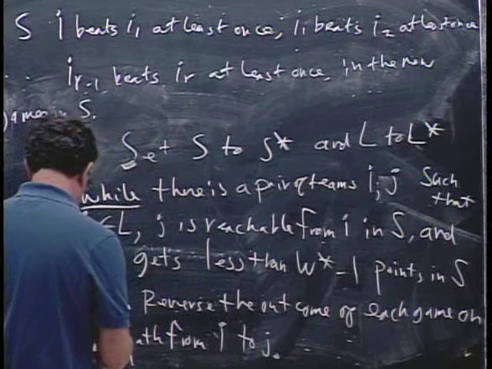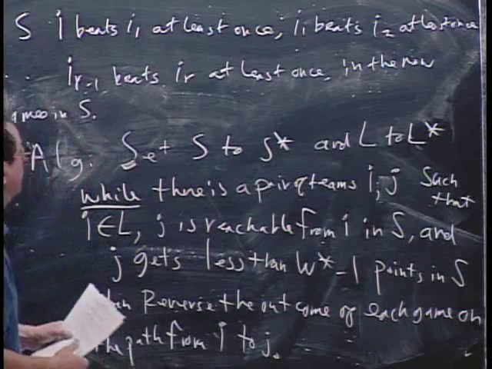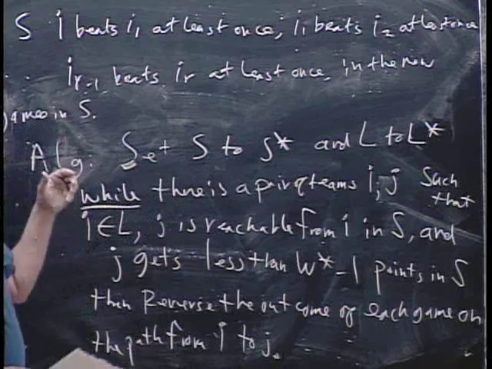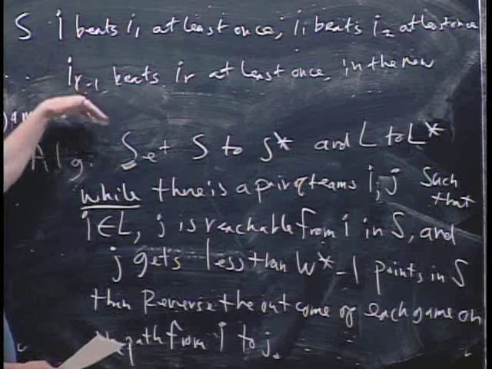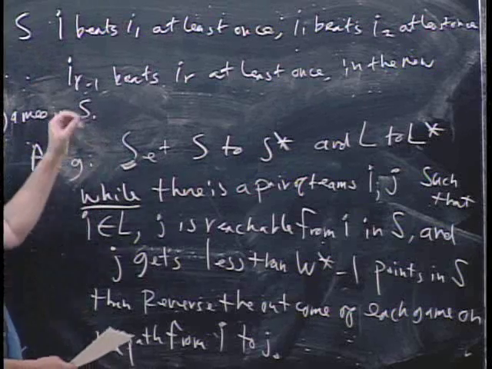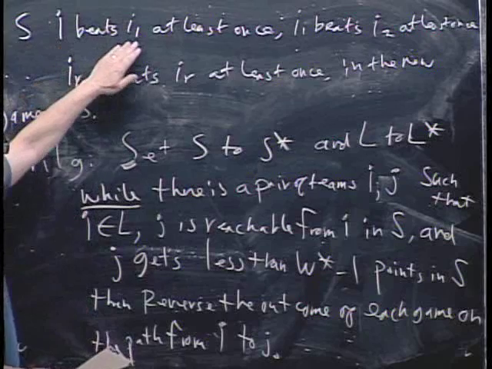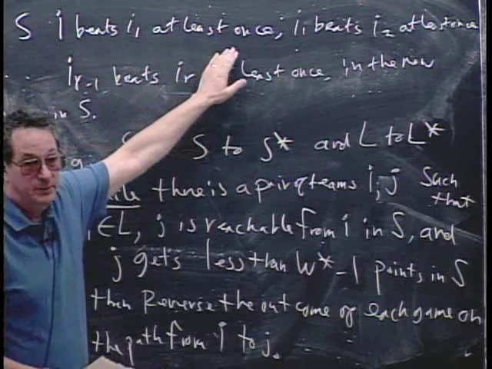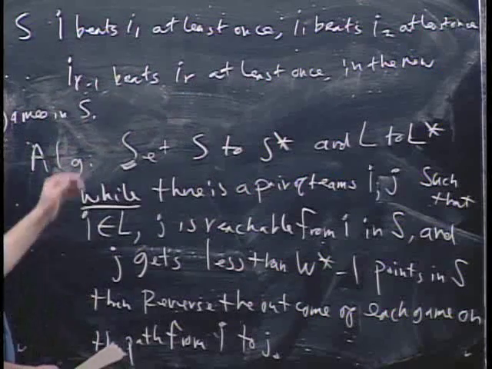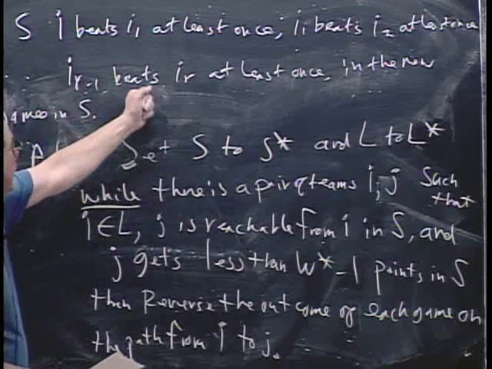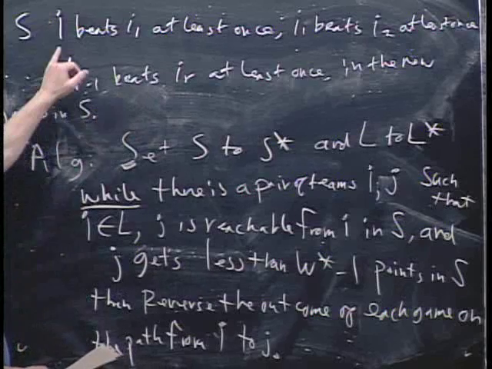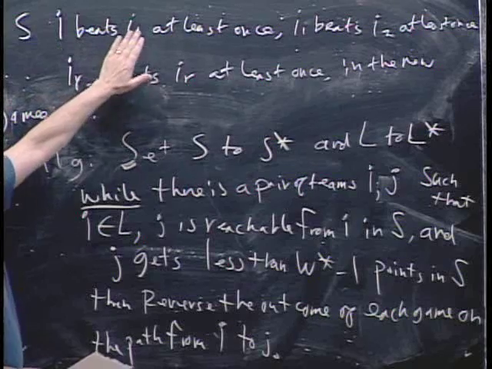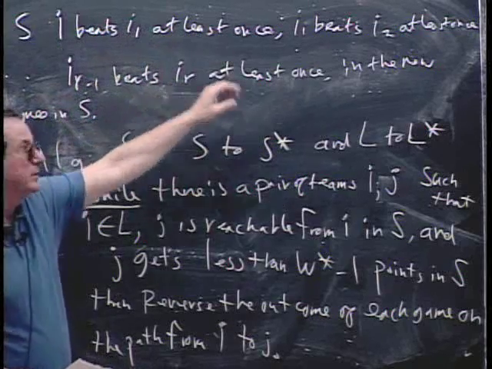So with scenario S, we have this path that goes from I to J, and in that scenario, I beats the next element on that path under some game, and that one beats the next element on some game, all the way down to, in this case, J. But if we reverse, that means that I will now lose a game, lose to this next team, who will lose to this next team, and so on.